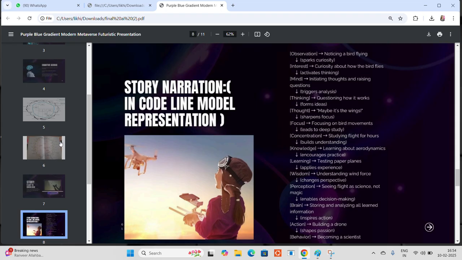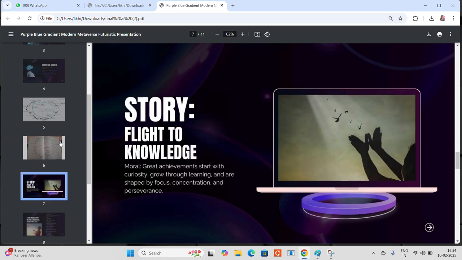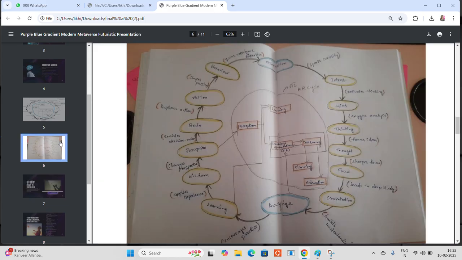Observation leads to interest, interest leads to mind, mind to thinking, thinking to thought, focus, concentration, knowledge, and so on up to behavior. You can go through this once. So the moral of the story is great achievements start with curiosity, grow through learning, and are shaped by focus, concentration, and perseverance. This is all about the story of the human knowledge representation.